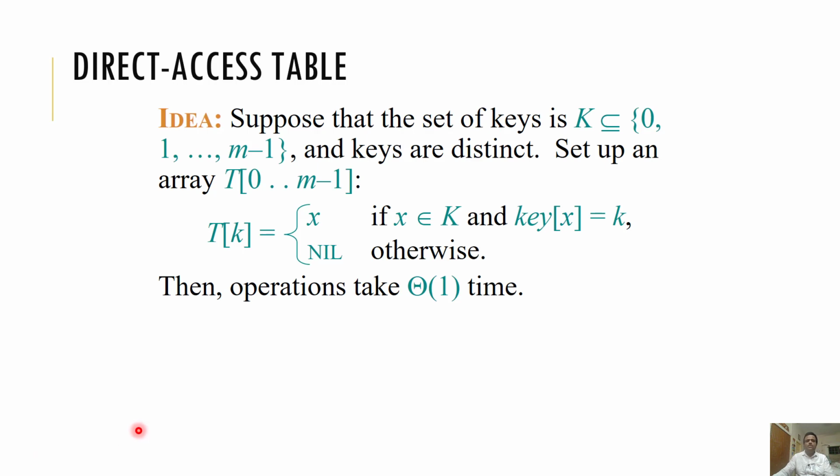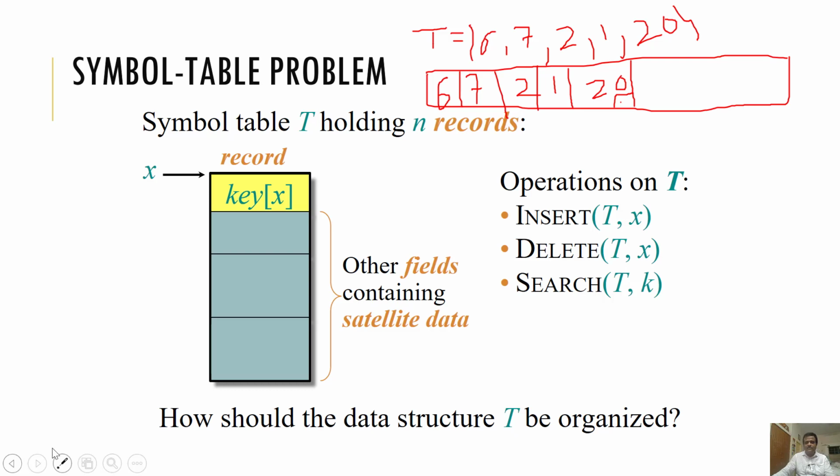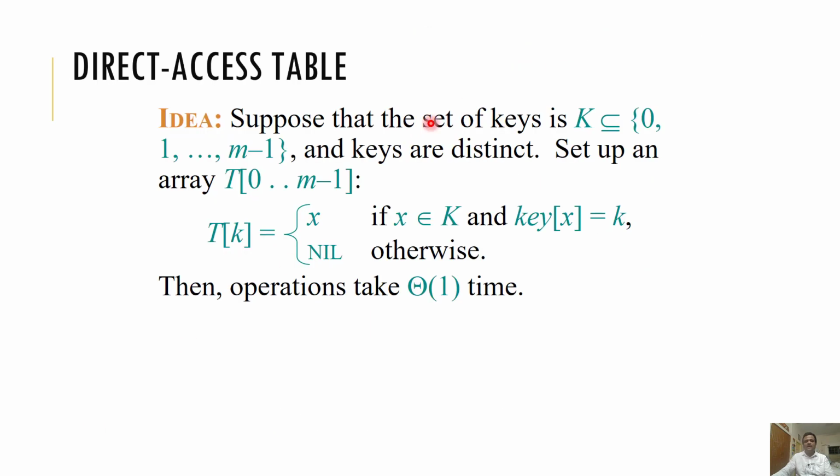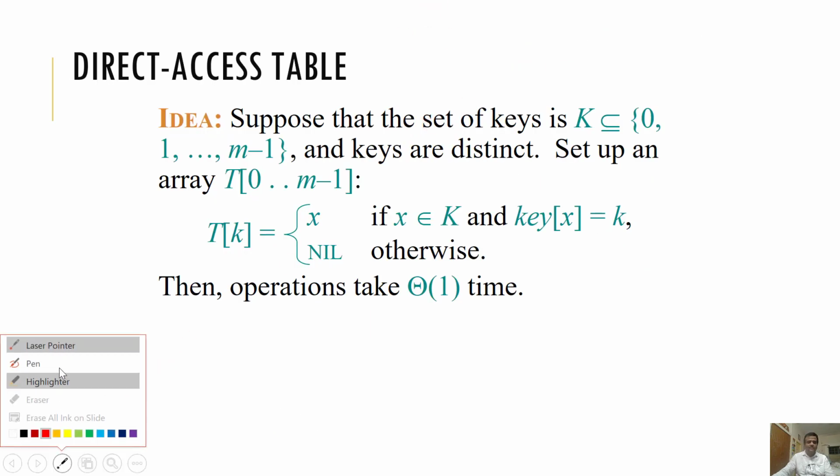So what we do, if we know the values of these keys, if we know where this key will be coming from, the maximum value. Suppose the maximum value is, in the earlier example, 20. So then we can think of an array of size 20.